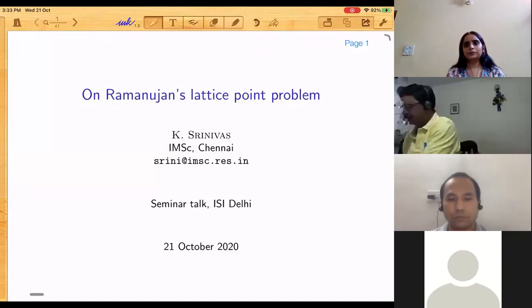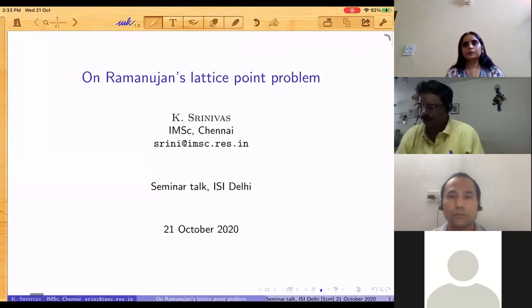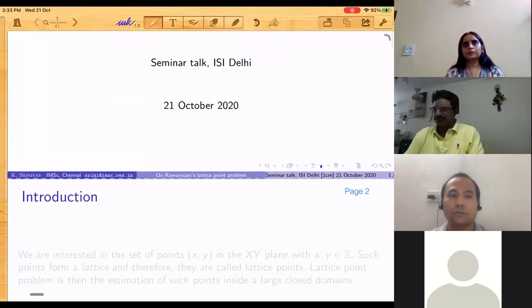So my talk is on some work of Ramanujan. Let me start by showing the first slide. It's basically on lattice point problems. So what is a lattice point problem?